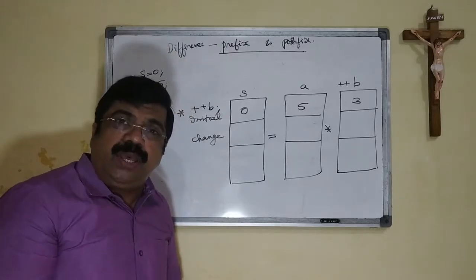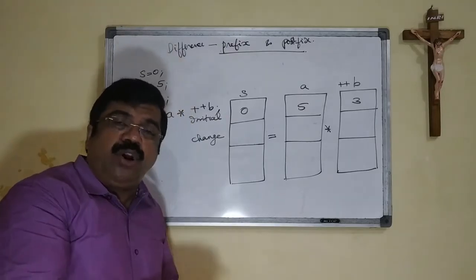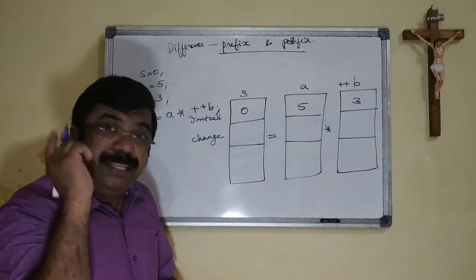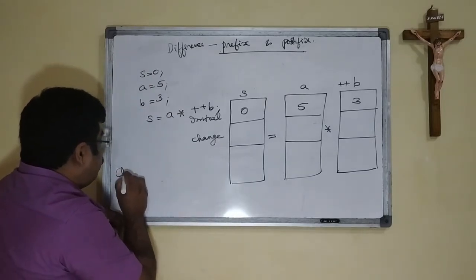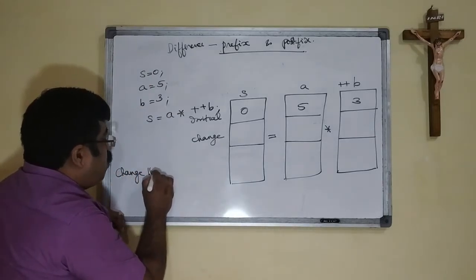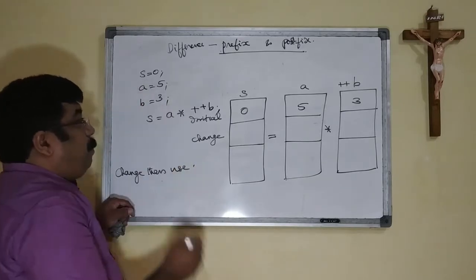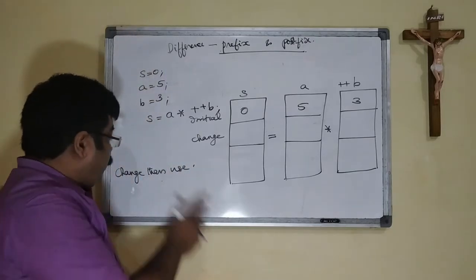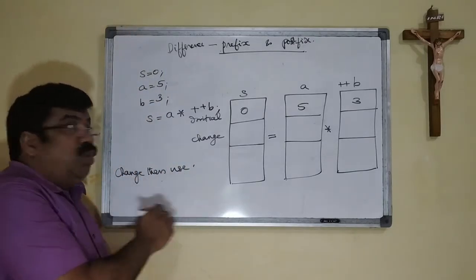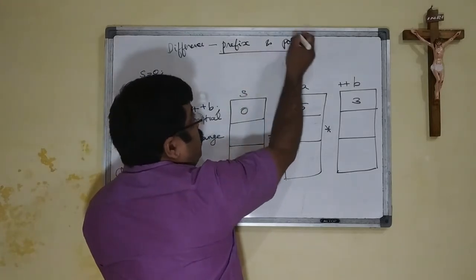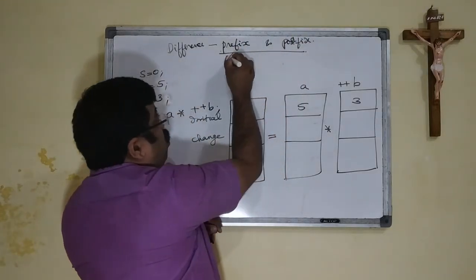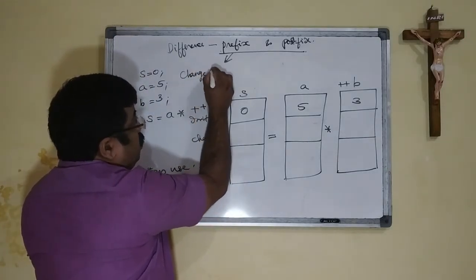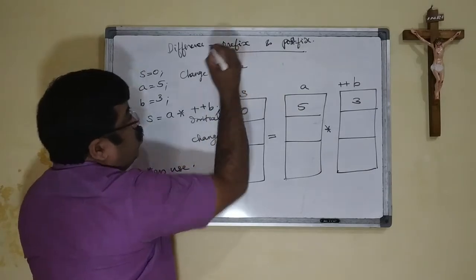Why did we write the second one as change? In the prefix increment or decrement operation, we are following a certain principle. That principle is: change, then use. The prefix increment or decrement follows the principle of change, then use.